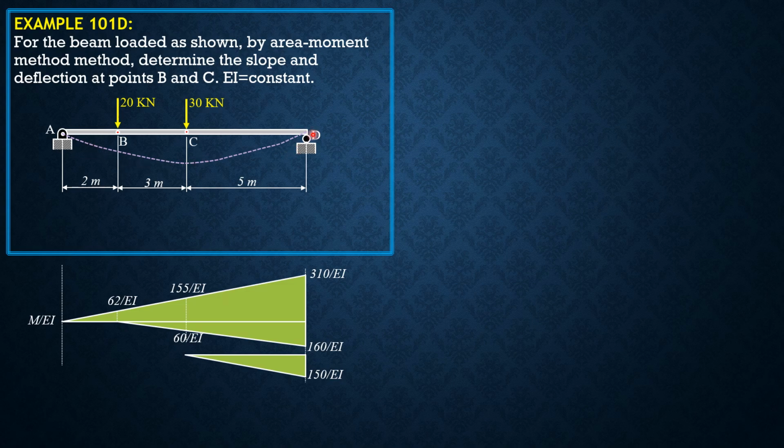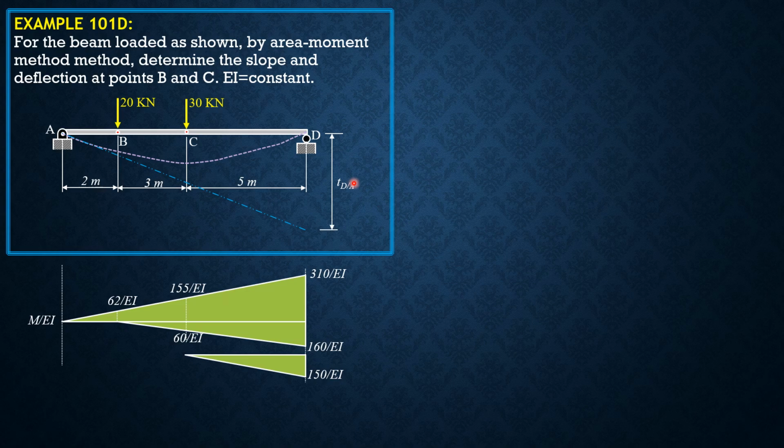Let's anticipate the elastic curve. This is the tangent at A, therefore this is the deviation of D relative to the tangent at A, which is expected positive. Obviously positive because D is above the reference tangent, and of course the elastic curve will look like that. So let's evaluate this.